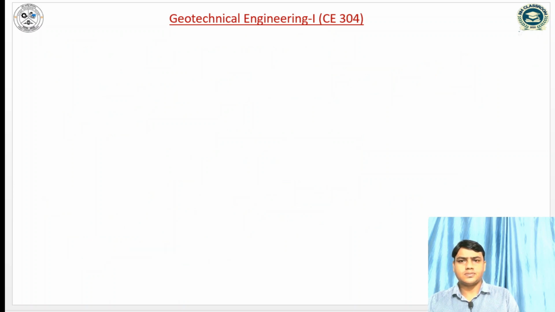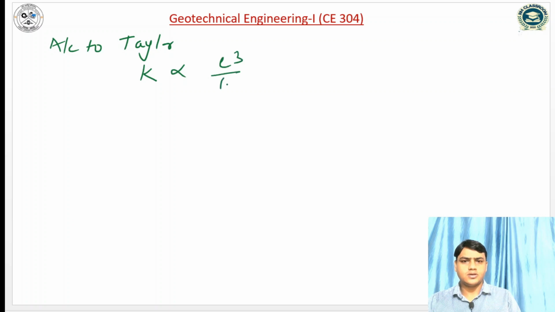According to Taylor, K is directly proportional to e cubed by 1 plus e, or we can write K is equal to C e cubed by 1 plus e, where C is the shape factor.